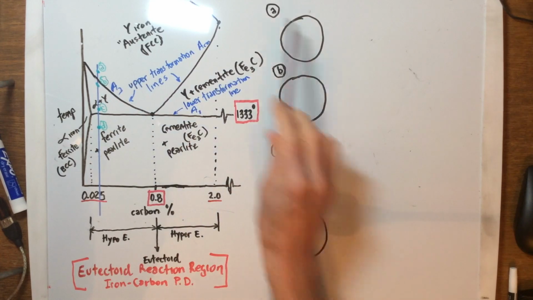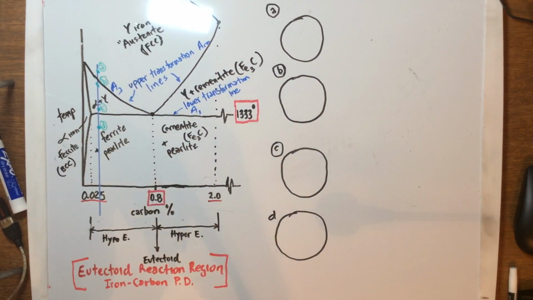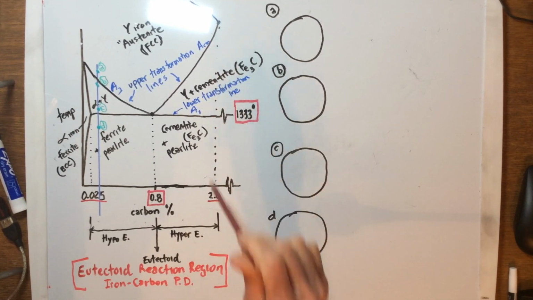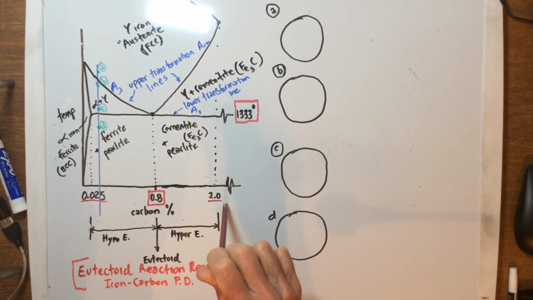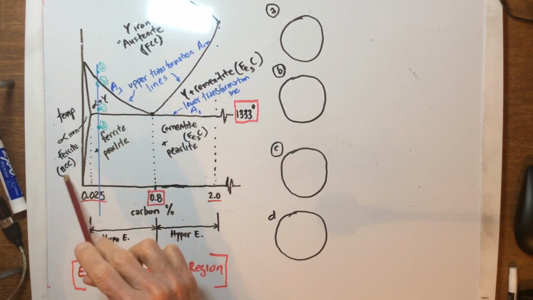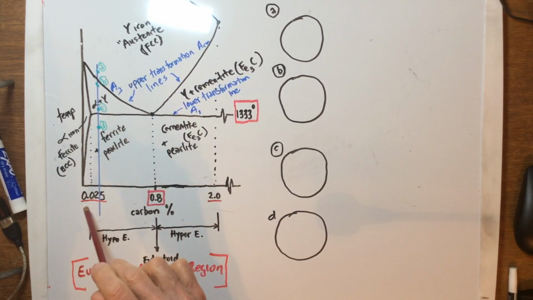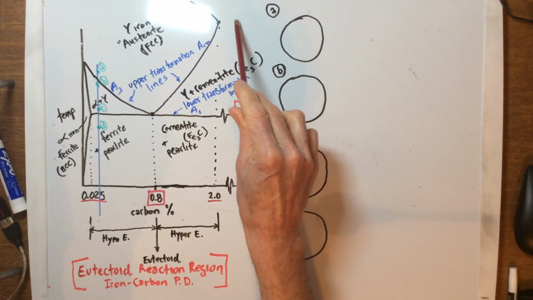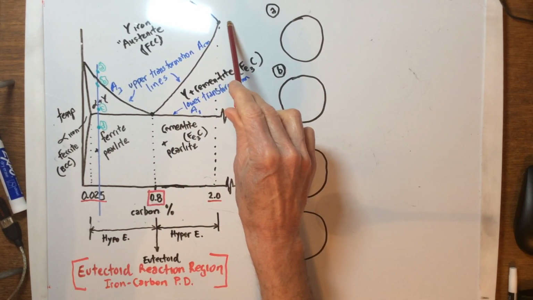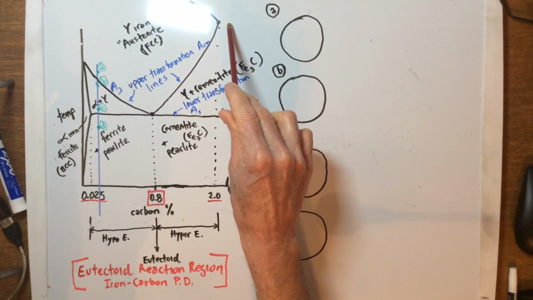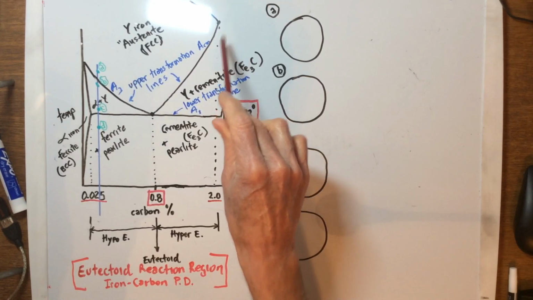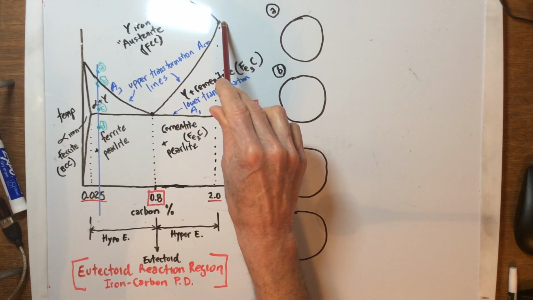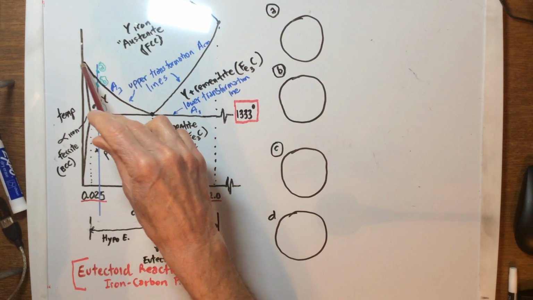The diagram, of course, is very large and encompassing, but we're only concerned about this region, basically from about 2% carbon all the way over to almost 0.025, and then up to this temperature here, maybe 2060 degrees, but that's really meaningless because we would never get something that high in our area.